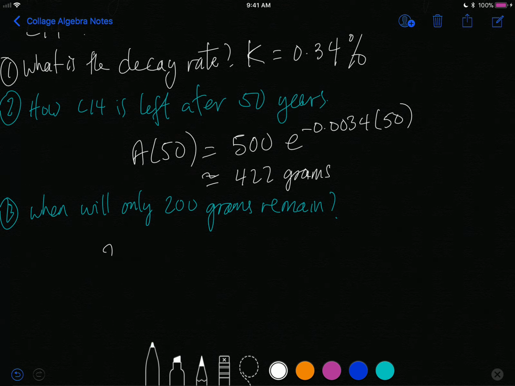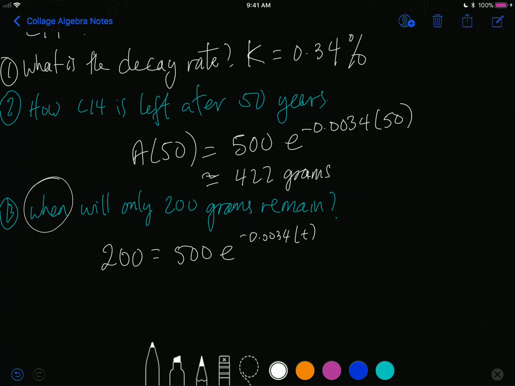But we know that 200 is the amount we're looking for. We start at 500, and then that's e to the negative 0.0034, the k. But the t is the unknown. It says when. Just like previous. When they say when, they're looking for the t variable. So you leave the t variable free. And then you've got to solve for it.